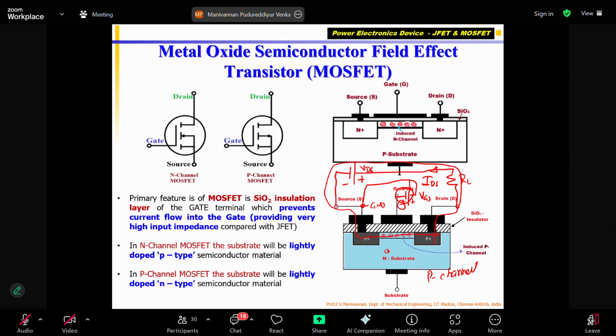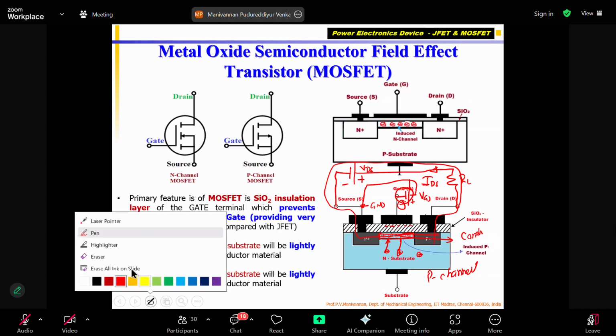If I apply negative voltage at the gate, the negative voltage will produce an electric field here, which will be minus. That will attract the minority carriers, which come and form a layer, a conducting channel.